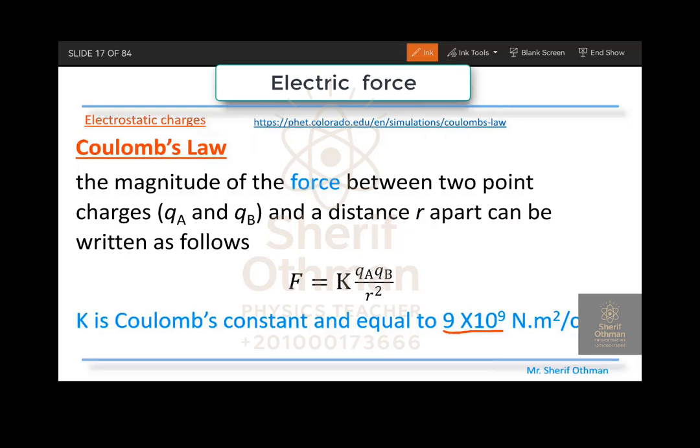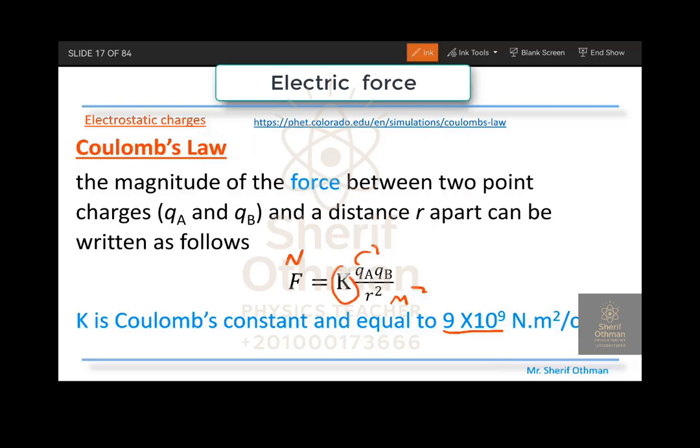If you are unable to memorize the unit of K, you can conclude it: F is measured in Newton, Q is measured in Coulomb, any charge, guys, is measured in Coulomb. So we have two charges, so it will be Coulomb squared. R is measured in meter, so it will be meter squared as R squared.